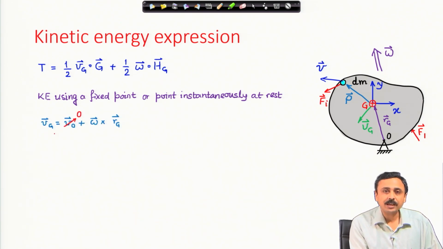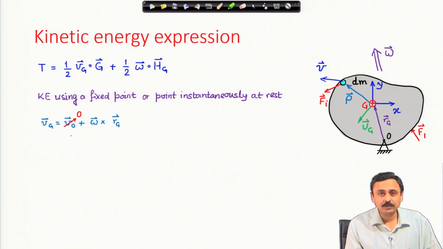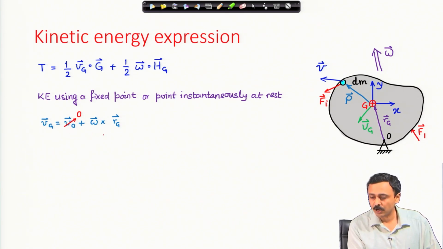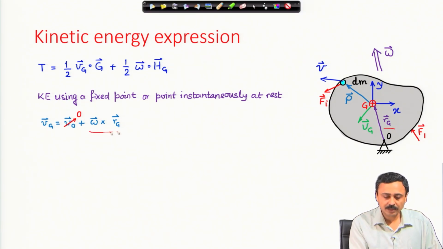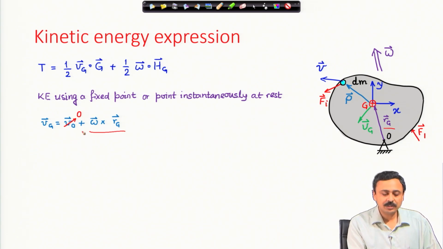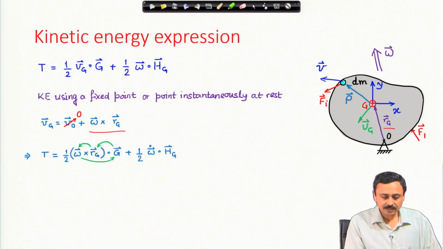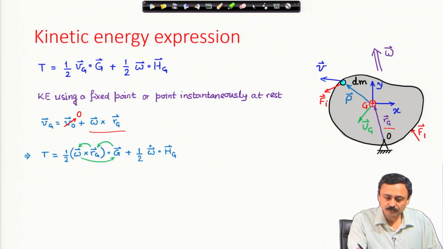Because Vg can be written as Vo, the fixed point instantaneously at rest or the point about which the body is rotating, and Vo is 0, plus omega cross this vector rg. Because Vo is 0, Vg is omega cross rg, and therefore we can write kinetic energy in this form.